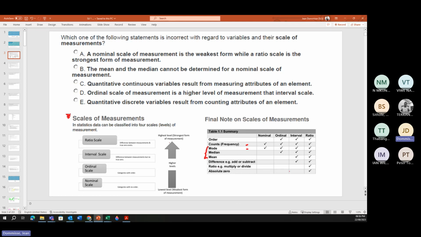So you can see ratio we can nearly use across the board. Okay, so that's also how the weakest and the strongest is correlated. So in this question, they said to us a nominal scale of measurement is the weakest form. So let's check.